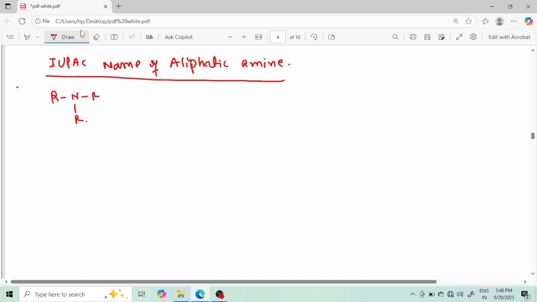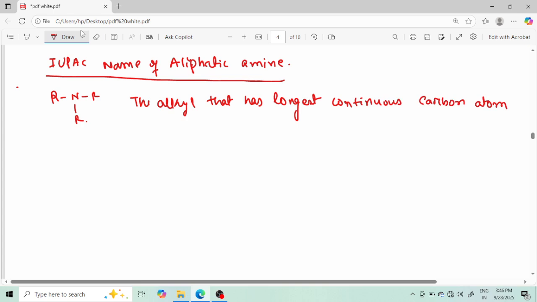Means 3 alkyl. So which one will be considered parent chain? So always remember the alkyl that has longest continuous carbon atom is considered parent chain.